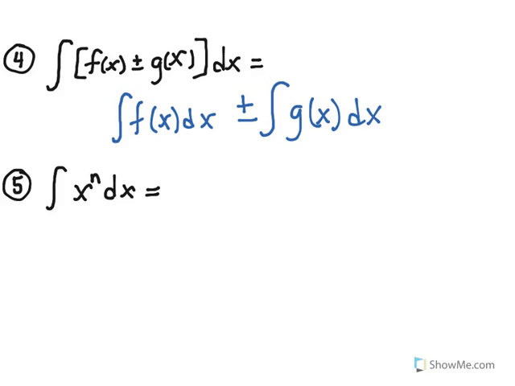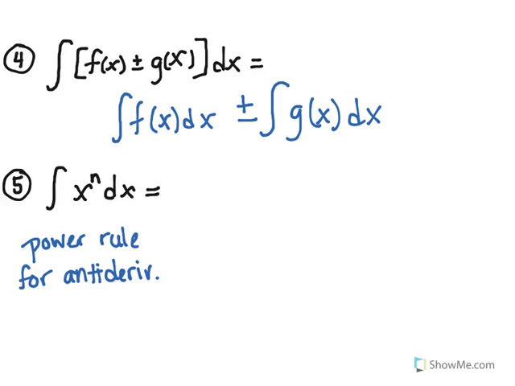Number 5 is one of the most important rules for you to know, and that is the antiderivative of a polynomial term. This is the power rule for antiderivatives. So the original power rule for derivatives said you bring the exponent down, you leave the base alone, and then you subtract 1 for the exponent.